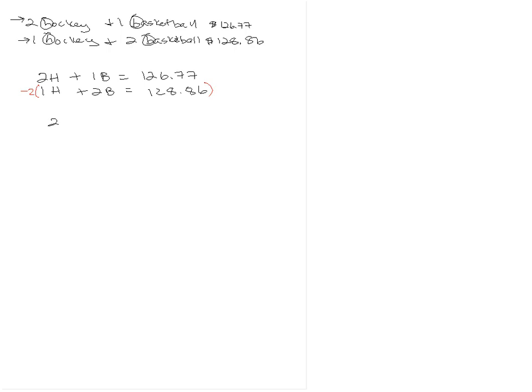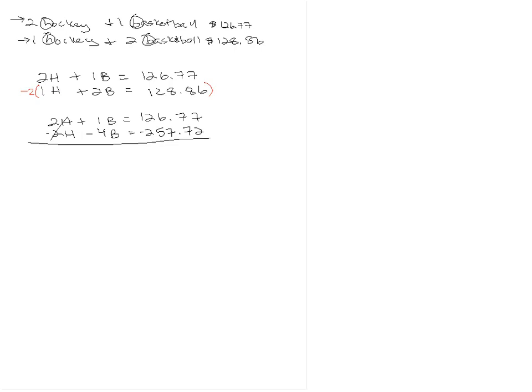So we're going to keep this one the same. This one's going to become -2H, -4B, 128.86 times -2 is -257.72.